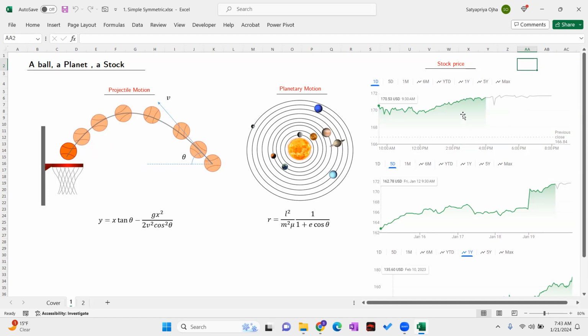Okay, so all we need to do is devise an equation that has some kind of randomness in it. These two equations do not have any randomness, it is exact. But in case of stock price, we have to create an equation that has built-in randomness in it. Maybe then we can do some justice to this evolution.